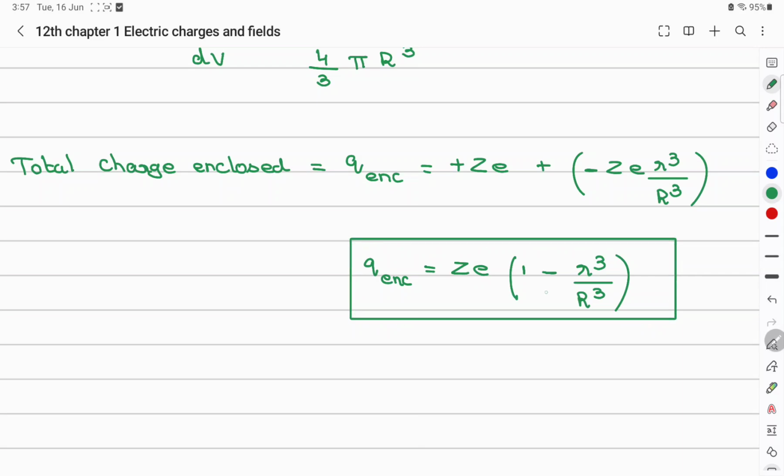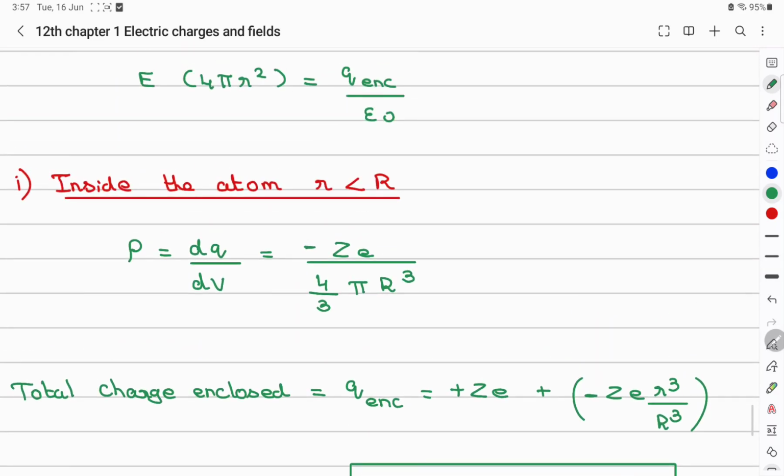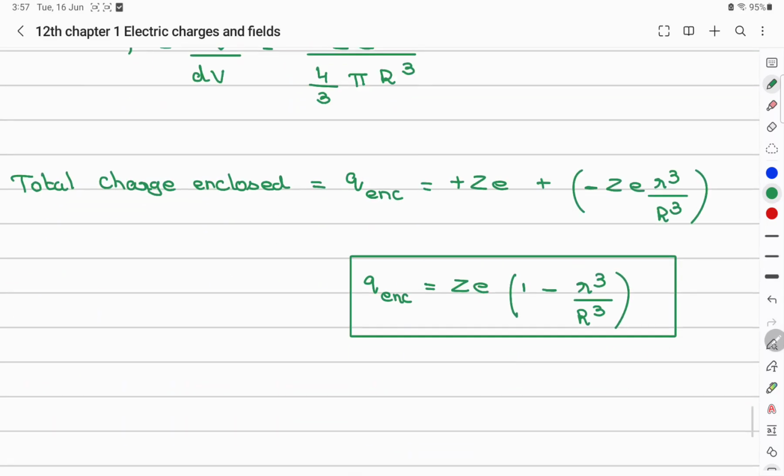So substitute this value in Gauss law. This is equation number 1 and this is equation number 2.